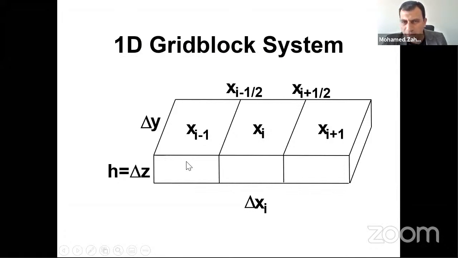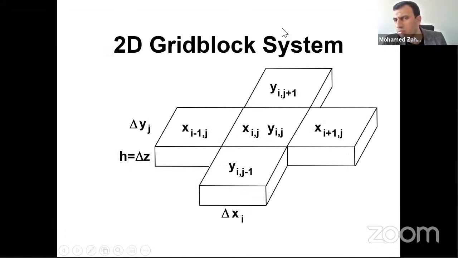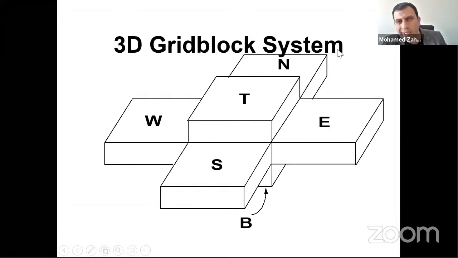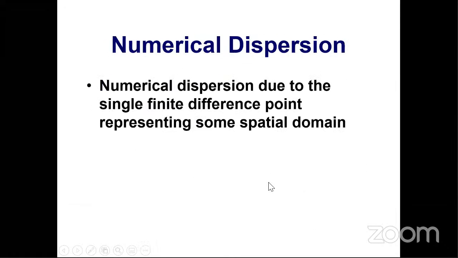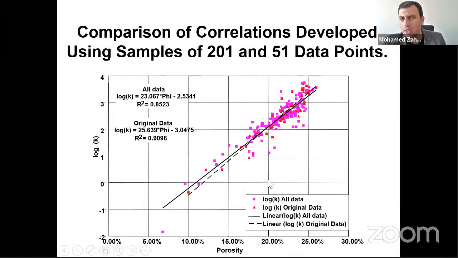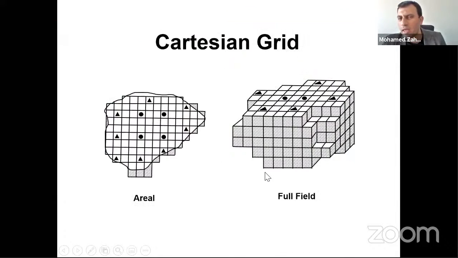For 2 dimension, you need grids in this direction and grids in this direction. For 3 dimension, you have those grids. Then, if I'm getting back to the last slide, for a big reservoir it will be the cube full with grids everywhere.